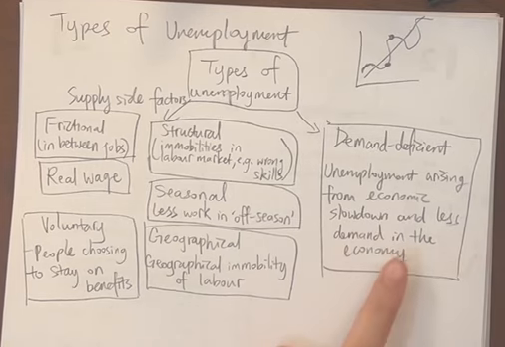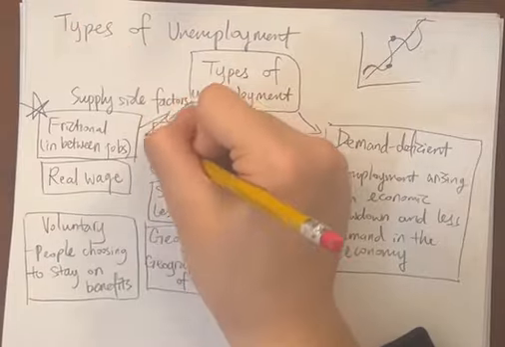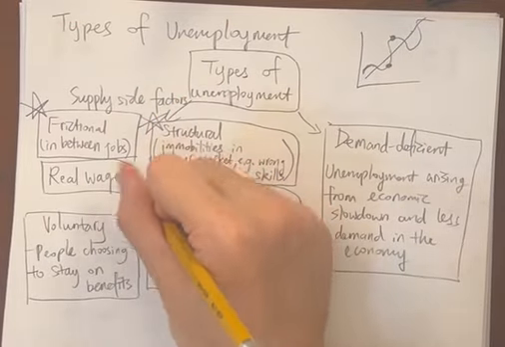But these are the demand side types of unemployment, and this is the supply side. For the supply side, the key terms you're going to take away are just these three: frictional, structural, and seasonal.